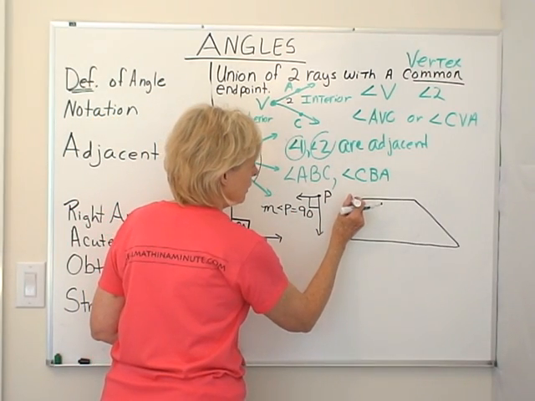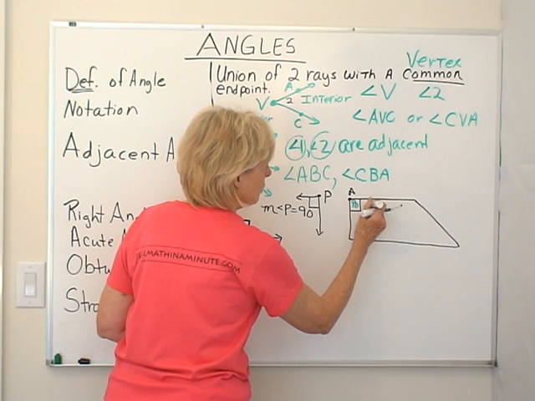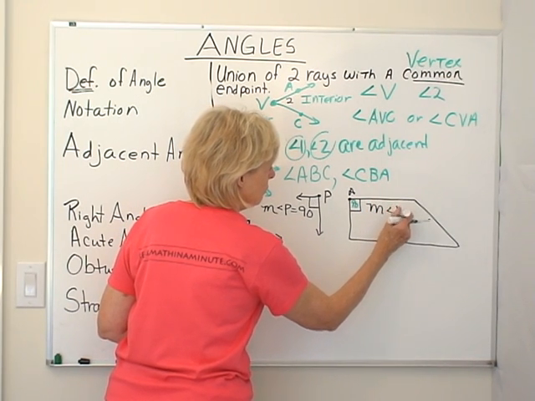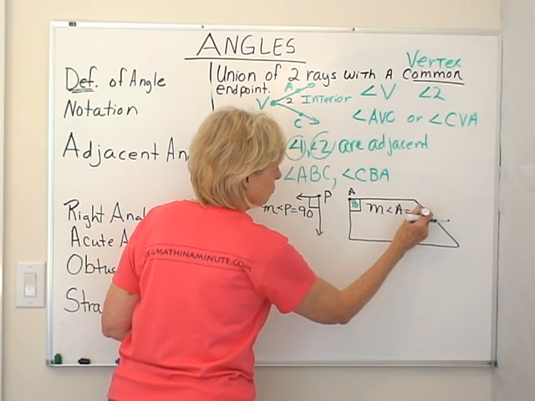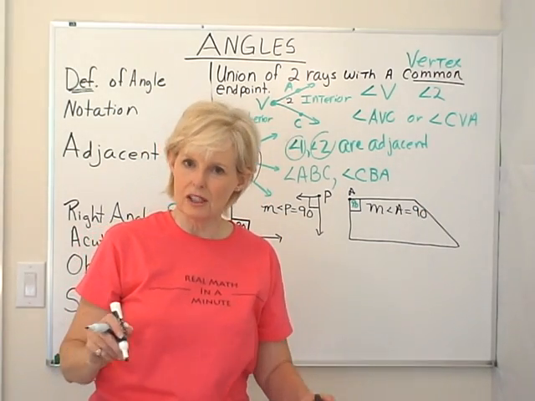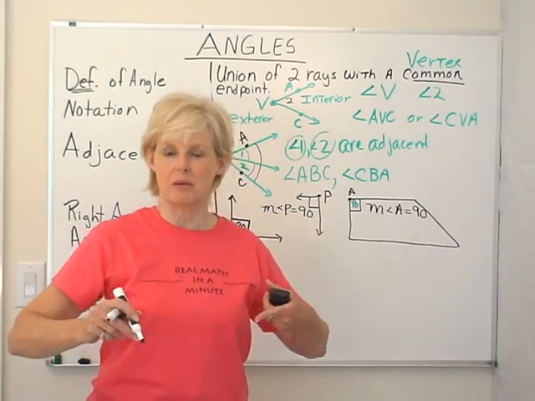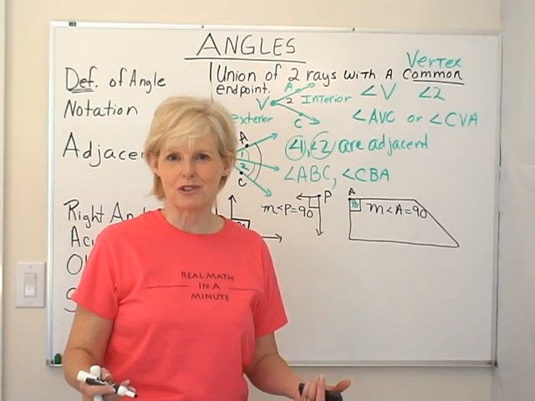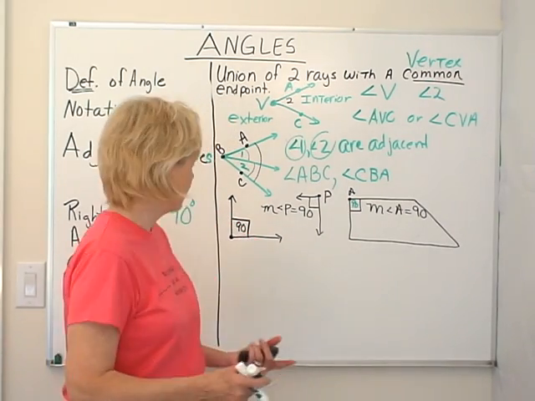If this was angle A right here, I would say the measure of angle A is equal to 90. And remember that measures are equal. So whenever I'm talking about a measure, I want to make sure I use equal marks.